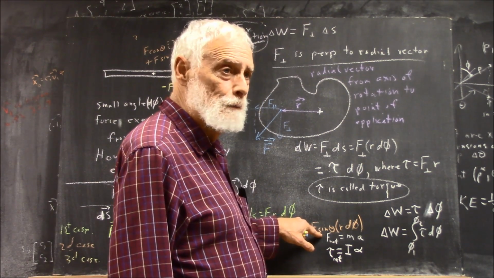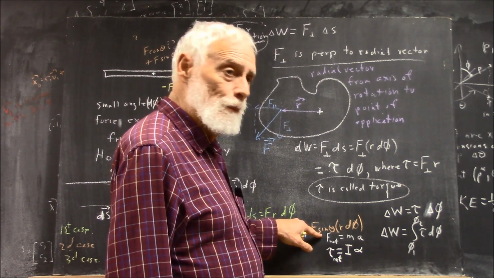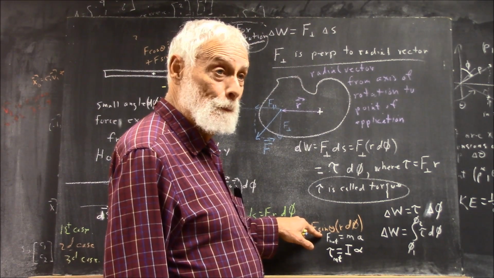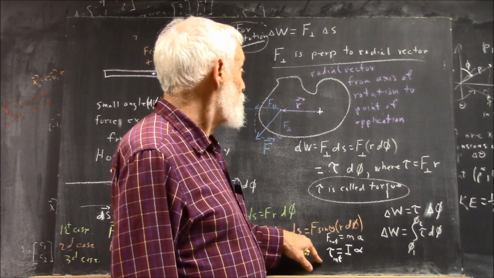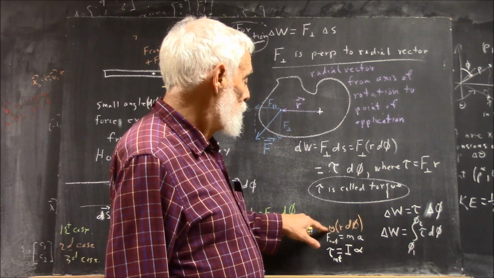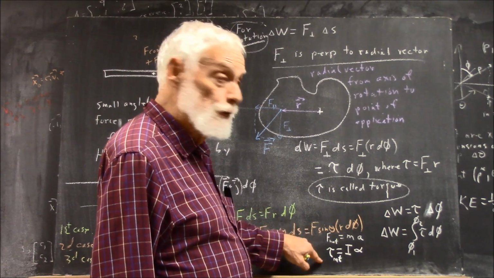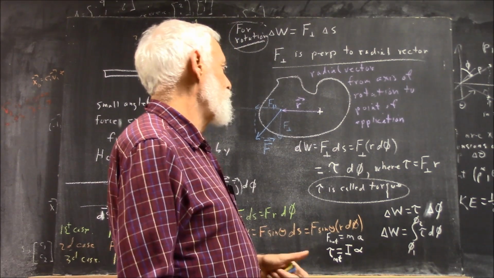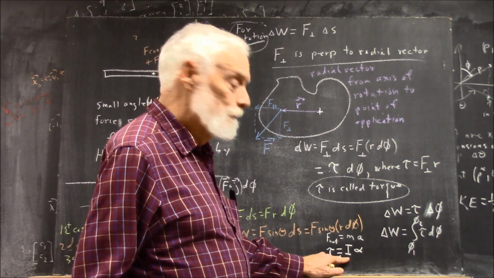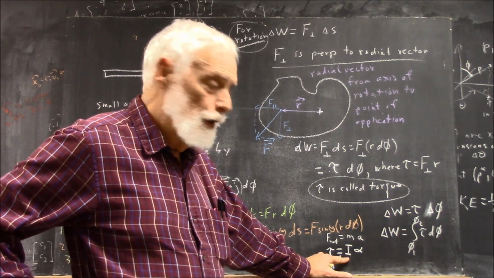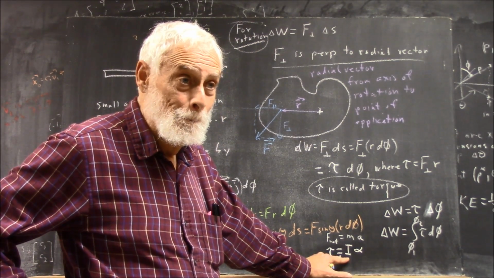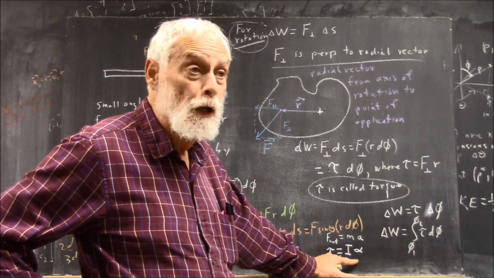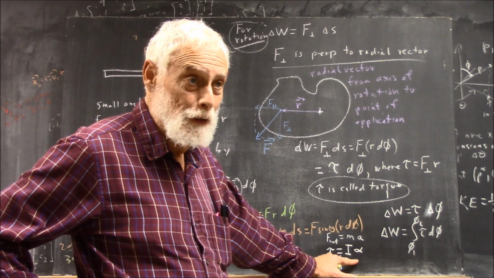If I multiply this by R, I get the torque, okay? So there's a very simple relationship between this and this, okay? Now it's a little more complicated because I is like your MR squared, right? And alpha is like A divided by R, okay?